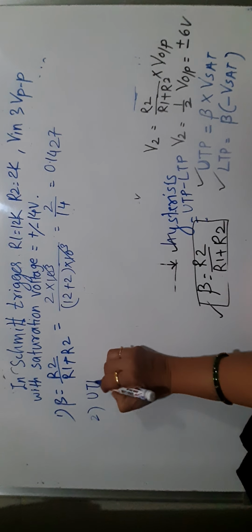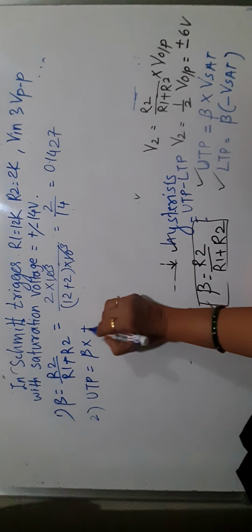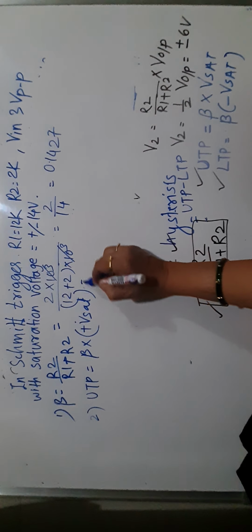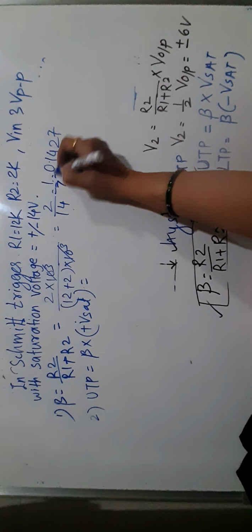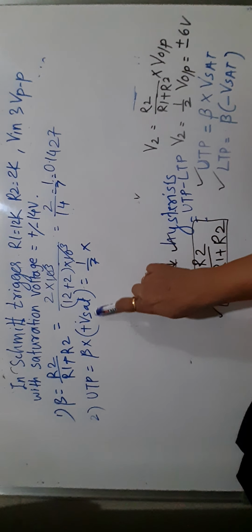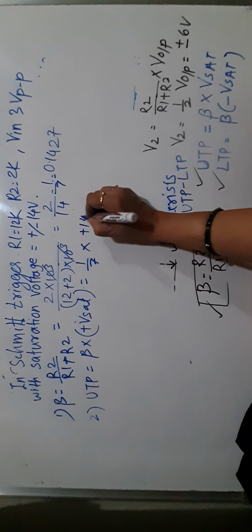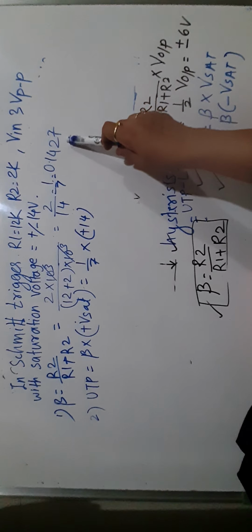Now next we have to calculate UTP and LTP. UTP is beta into plus Vsat. Beta is 1/7 and Vsat is given as plus 14. Now you can understand why I am saying don't calculate the fraction if it is not asked.